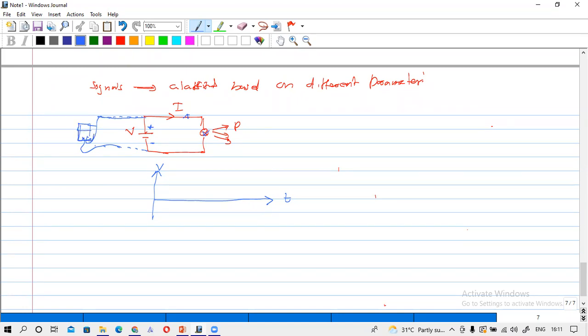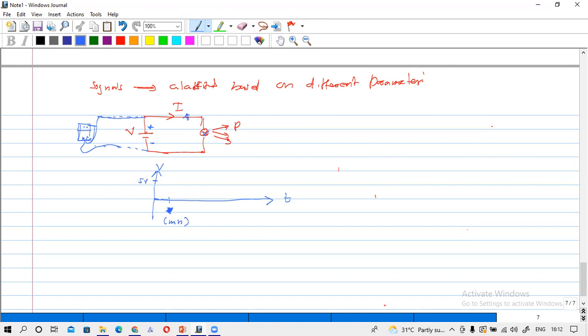As soon as this switch is closed, I measure the voltage here. Let's say it is 5 volt. Then after 1 minute, I will again measure this voltage.